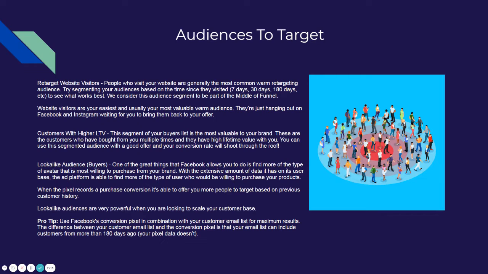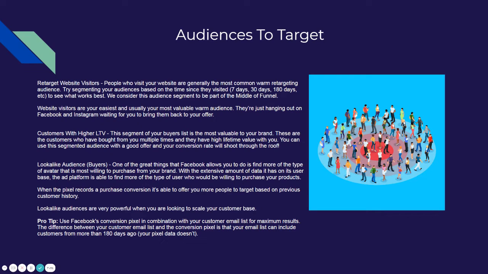Lookalike audience on buyers. One of the great things that Facebook allows you to do is find more of the type of avatar that is most likely and willing to purchase from your brand. With the extensive amount of data it has on its user base, the ad platform is able to find more of the type of user who would be willing to purchase your product. When the pixel records a purchase conversion, it's able to offer you more people to target based on previous customer history.